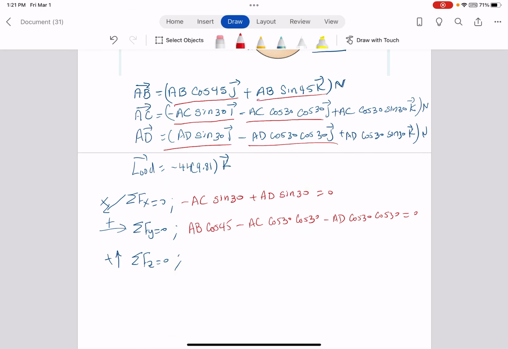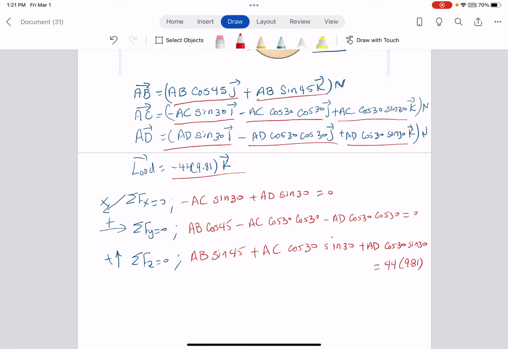So here there's 1k, AB sine 45, and here there's AC cosine 30 sine 30, and that is another one here, plus AD cosine 30 sine 30, minus, or you could make it equal 44 times 9.81. 3 equations, and we have 3 unknowns.